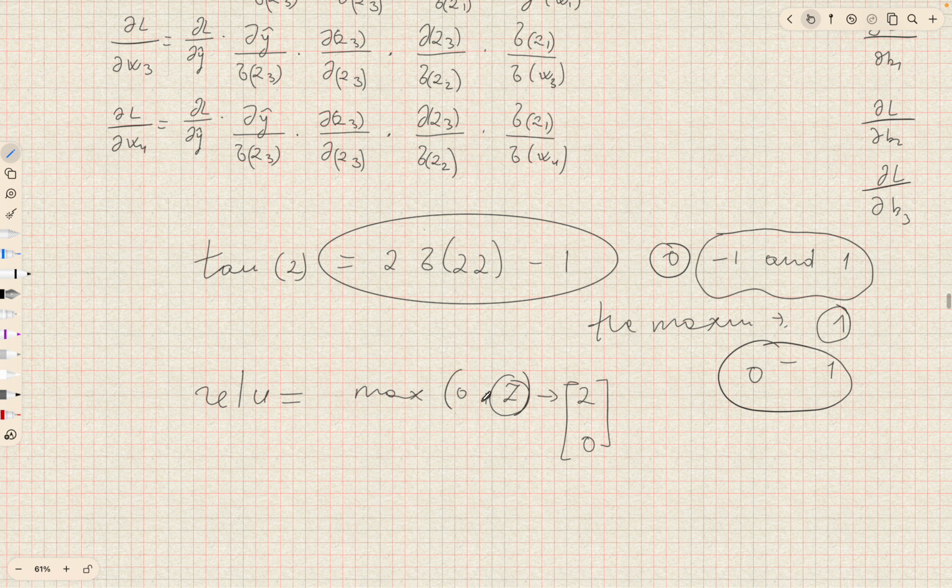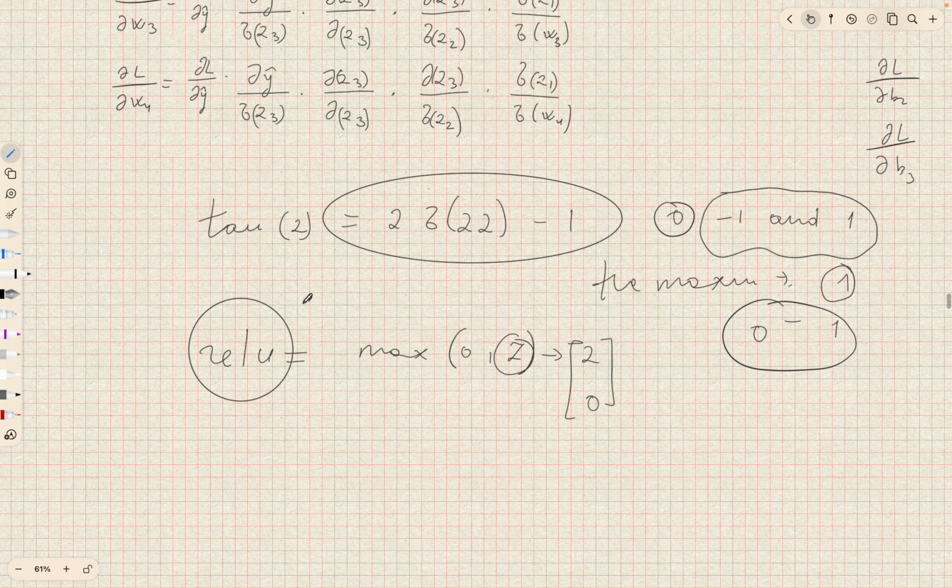But another problem that ReLU introduces is how it handles negative outputs, because when ReLU gives us 0, and when we take the derivative of the loss function with respect to ReLU, we get 0, and then the gradient becomes 0, and when the gradient becomes 0, the parameters that go through this neuron that uses ReLU will never be updated.